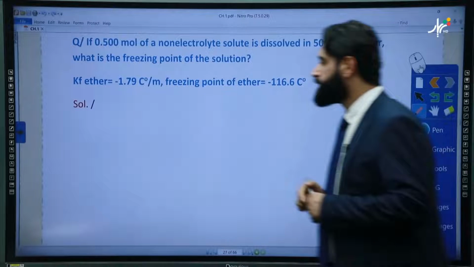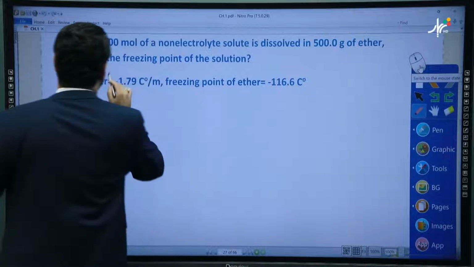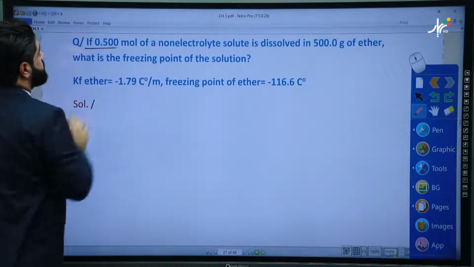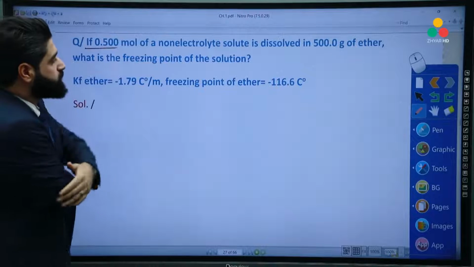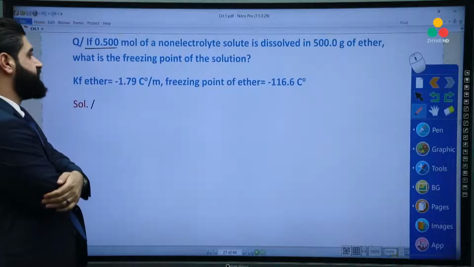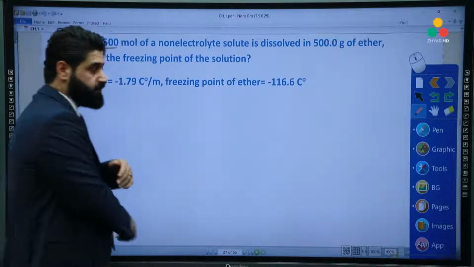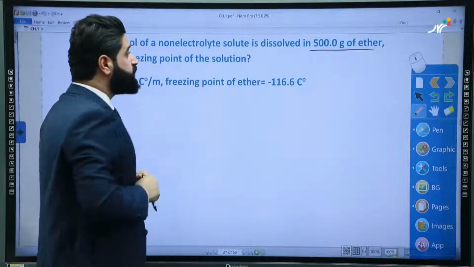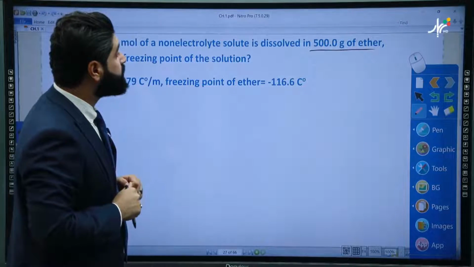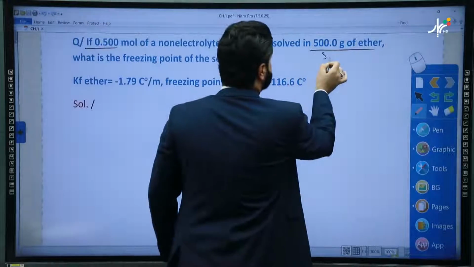Okay. Look, another one. If 0.5 moles of a non-electrolyte solute is dissolved in 500 grams of ether. Mister, now we don't have water as a solvent. Ether is the solvent.